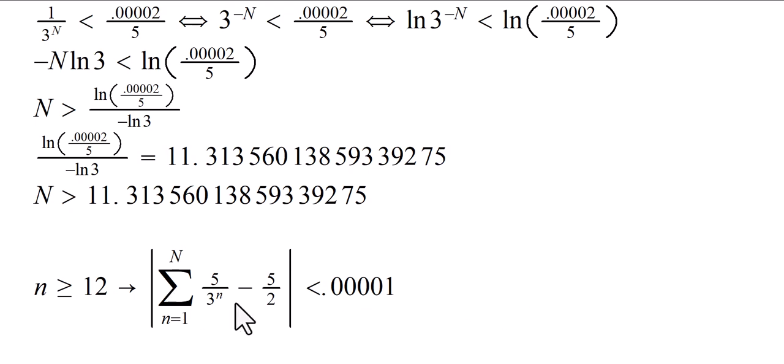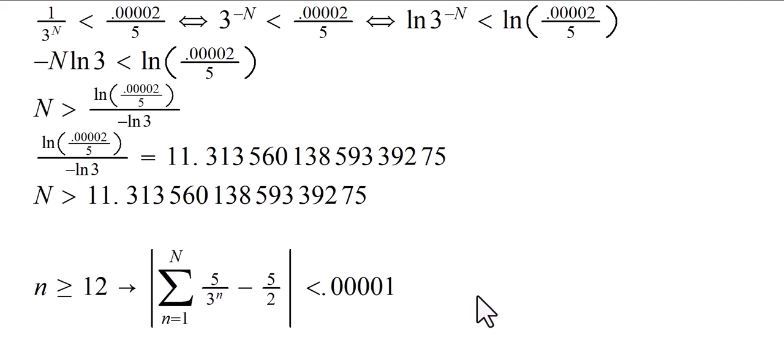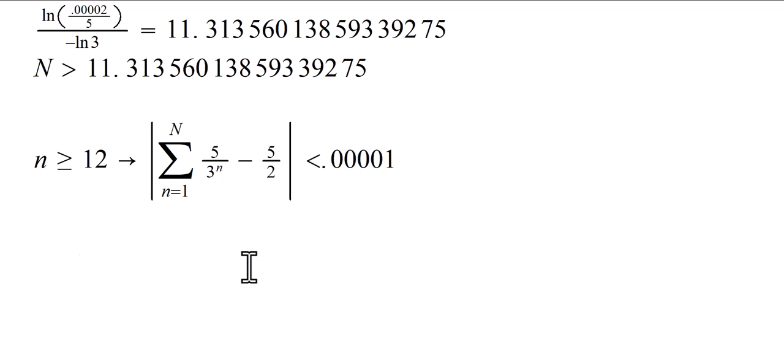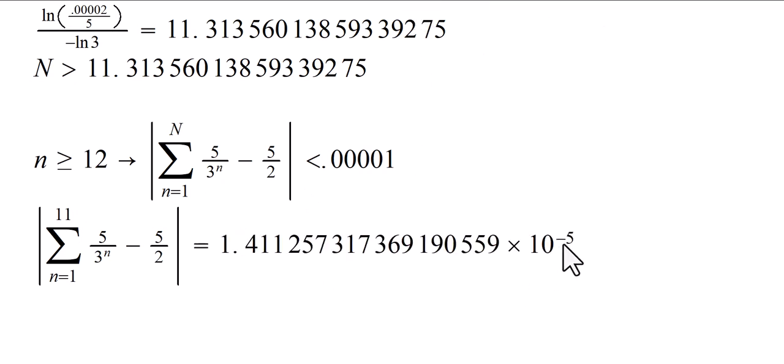And then you can use your calculator just to see that we have this here. Say we put 11 over here, then you notice that it's slightly more than 0.00001, because we have a 4 here.